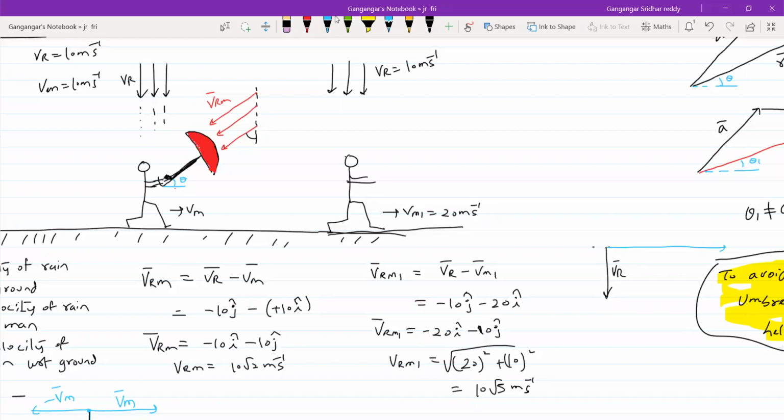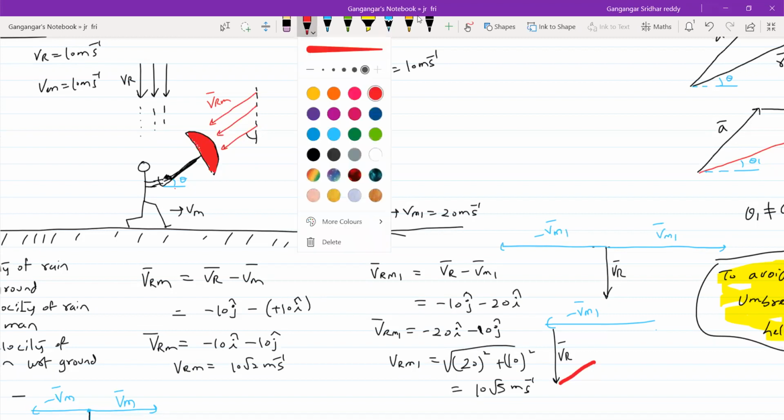So this is plus Vm1 bar. Minus Vm1 bar will be directed in this way. Let me draw the resultant triangle. Minus Vm1 bar, then this will be Vr bar. This will be the new resultant.